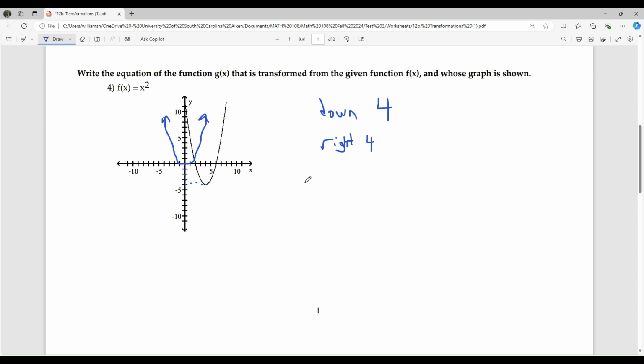Okay, so if I'm starting at f of x equals x squared, then g of x here, if I'm going down 4 and right 4, has to be, okay, right 4 is going to be an x minus 4 on the inside, and then down 4 is going to be a minus 4 on the outside. My function should look like g of x equals (x minus 4) squared minus 4. That's how I get from my initial blue function to my new function down here.